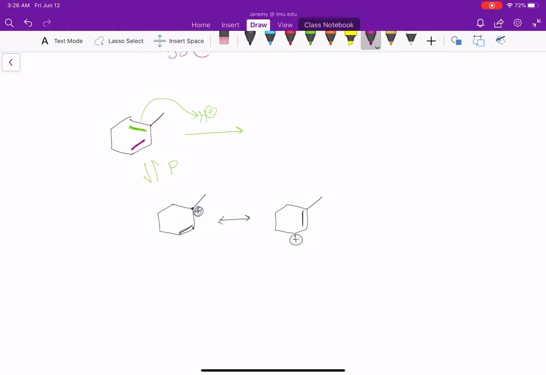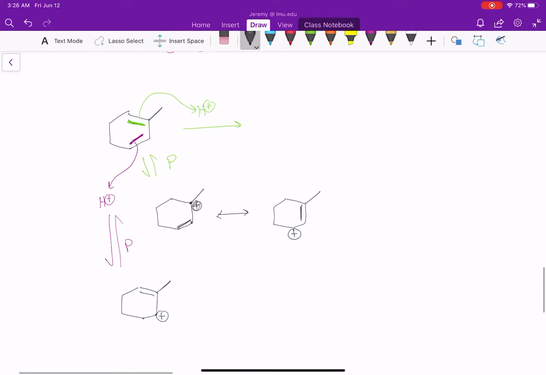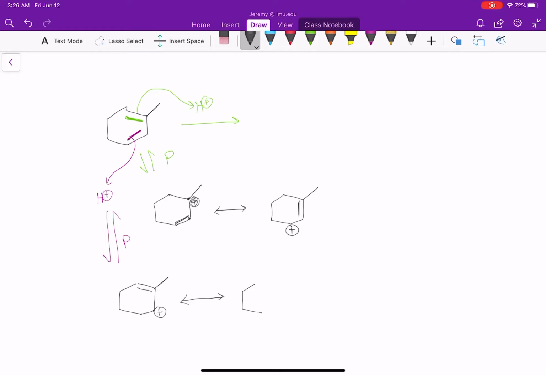Next, we're going to see what happens if we protonate the other alkene, the purple path. If I protonate the alkene at the bottom, again, we're going to add the H to the outside so I can put the plus on the inside and draw a resonance structure. We will then draw the resonance structure associated with that.